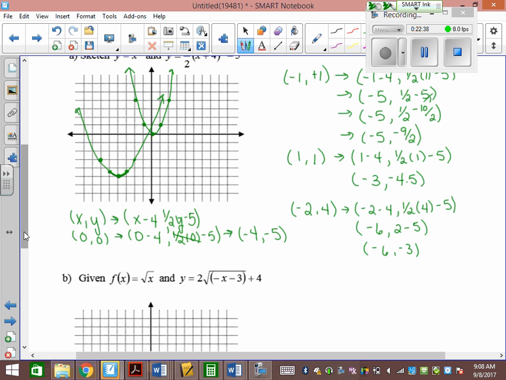You guys try B. Don't forget to take the -1 out. And the square root function points I use are 0, 0, 1, 1, 4, 2, 9, 3. I don't like using the decimal ones in between. That would be the original function.